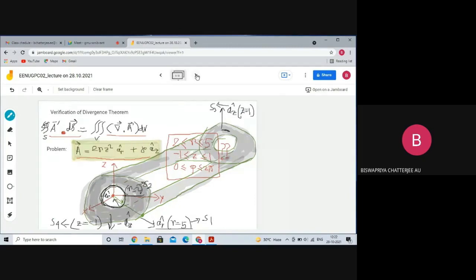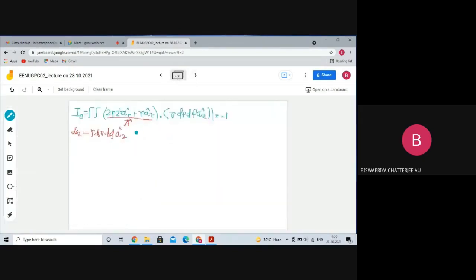So let us evaluate this integration and put the limits. The limit for r will be 2 to 5, and the limit for phi will be 0 to 2 pi.